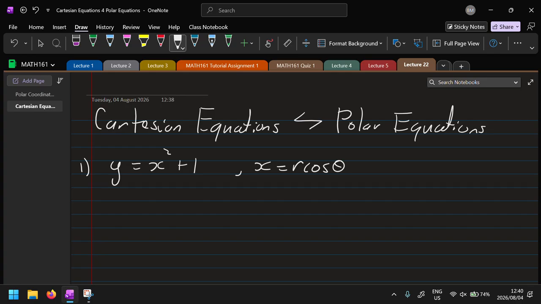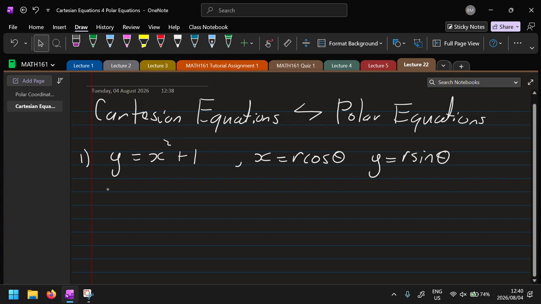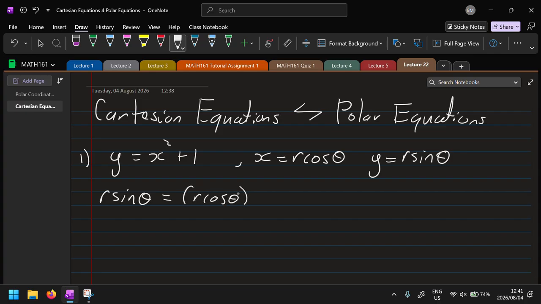So that will be r sin theta. If we substitute that inside here, the Cartesian equation with the x's and the y's becomes a polar equation with r and theta. Is that clear? Okay, so let's see here. So y, that's going to be r sin theta. X, that's going to be r cos theta squared. Okay, because it's x squared plus 1.